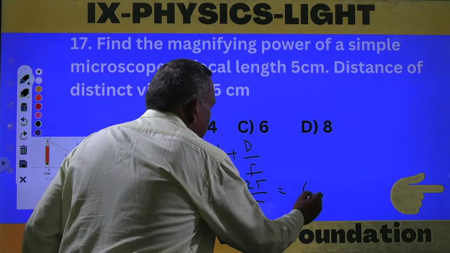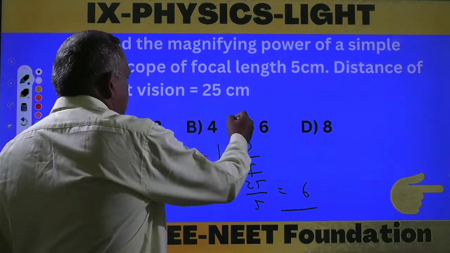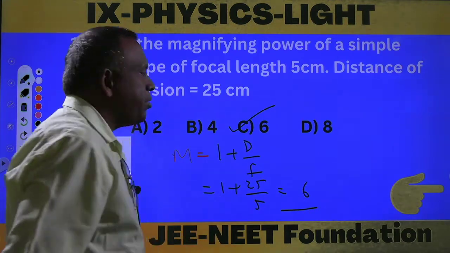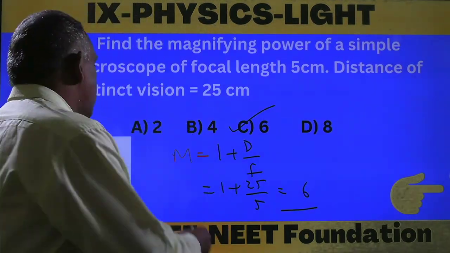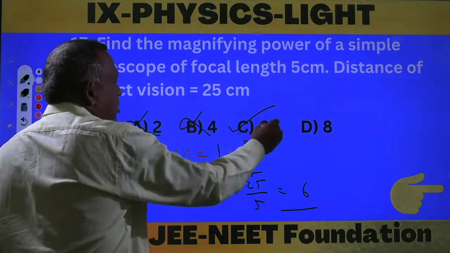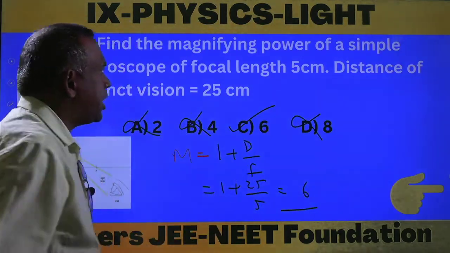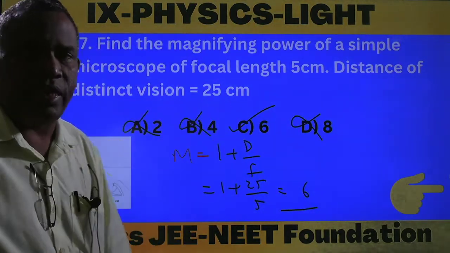So that becomes 6. In the given options, 6 is the right answer. The remaining options, 2, 4 and 8, are wrong. 6 is the correct answer for question number 17.